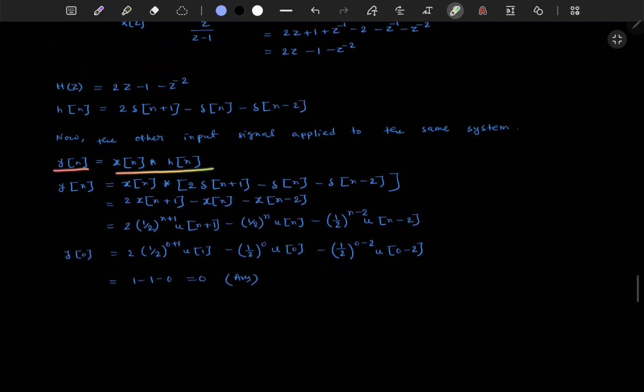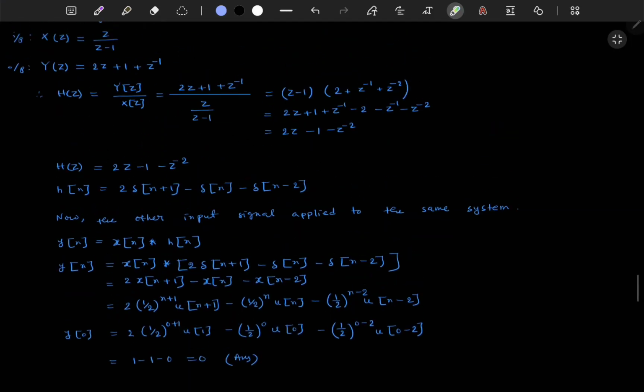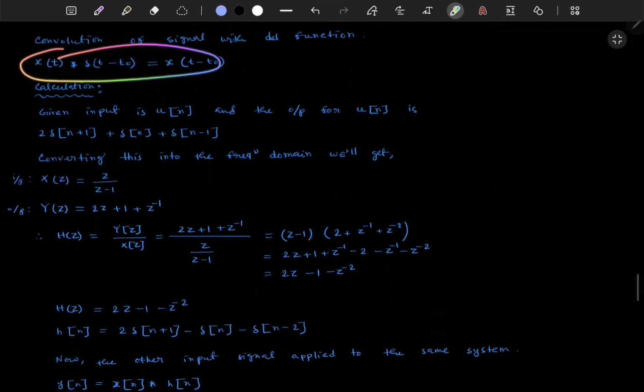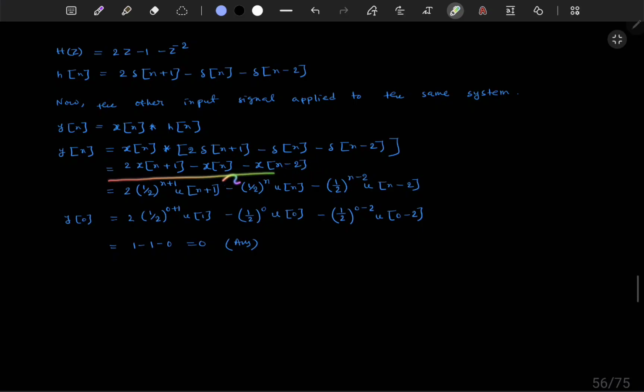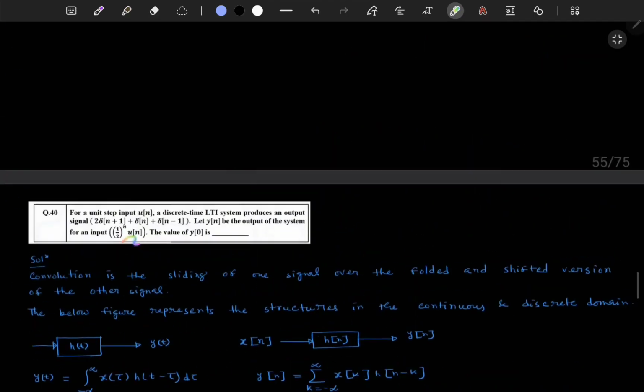Now the other input signal is applied to the same system. So y of n equals x of n convolved with h of n, the same transfer function. Here the property we are using is this one. So we will get this, and now another new input is given, 1 by 2 to the power n.